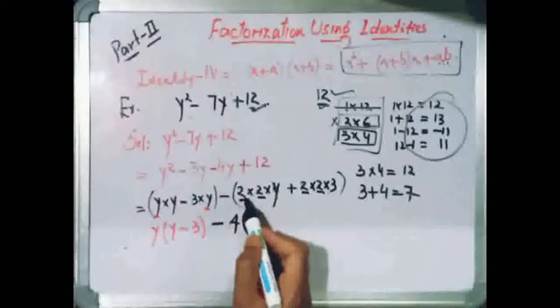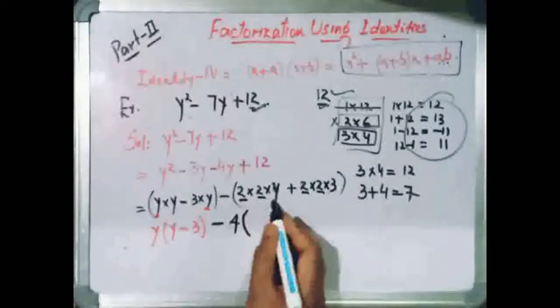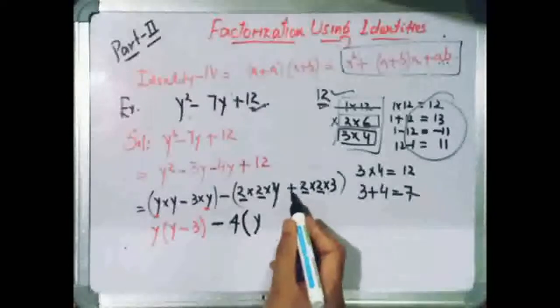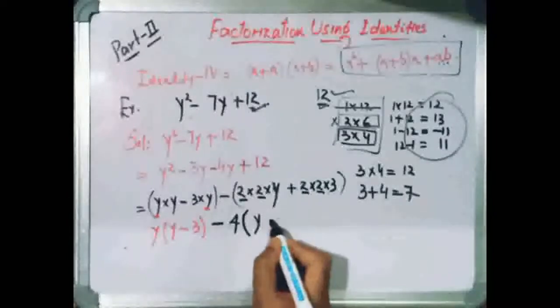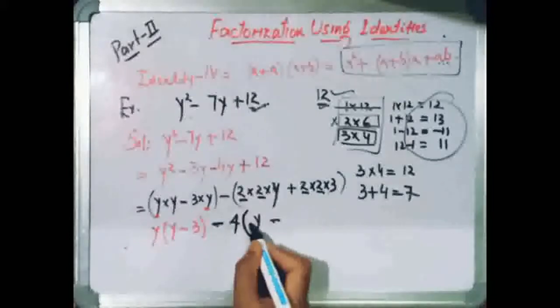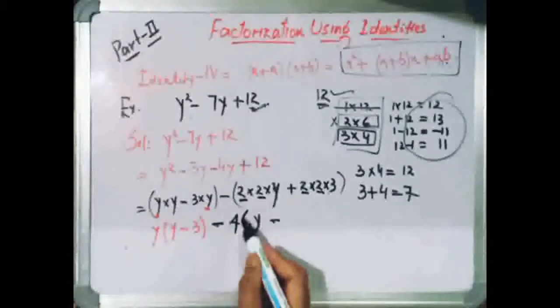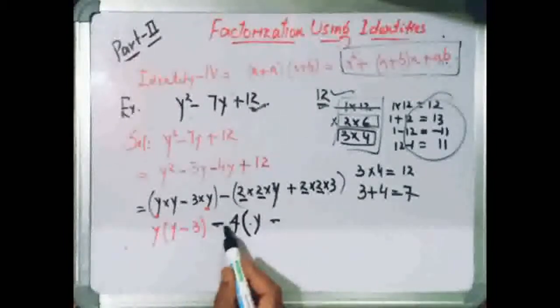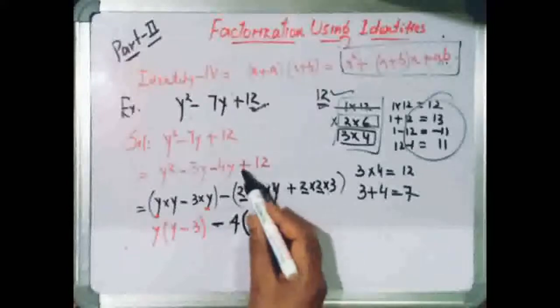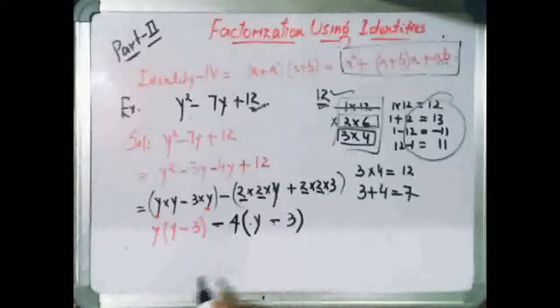So this will be equal to y, then minus, when I take minus 4 out, it will remain here y, then minus minus plus, here it will remain 3.